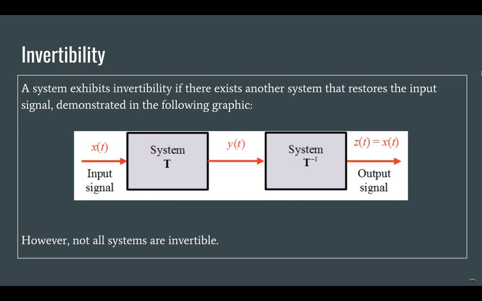The final system property of today's lecture is known as invertibility. A system exhibits invertibility if there exists another system that restores the input signal, demonstrated in the following graphic. However, not all systems are invertible.